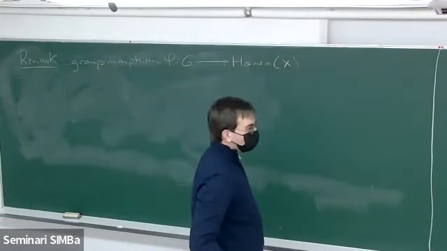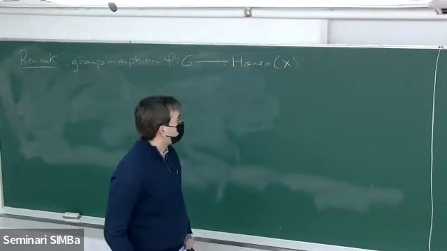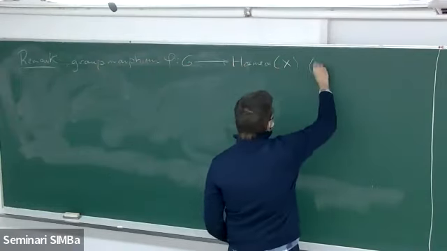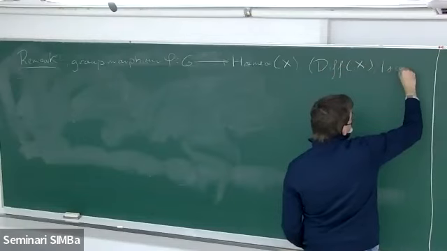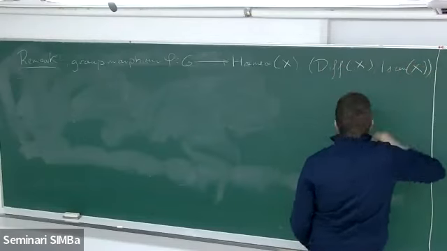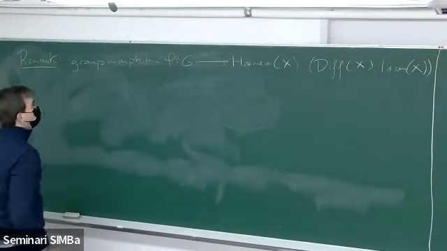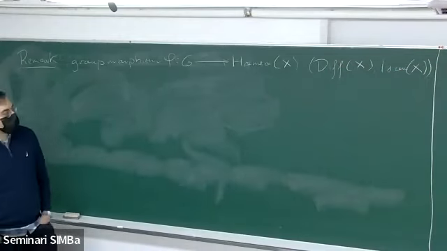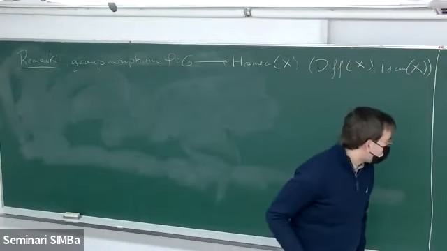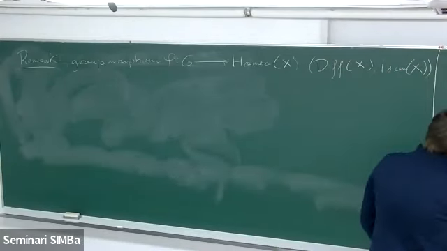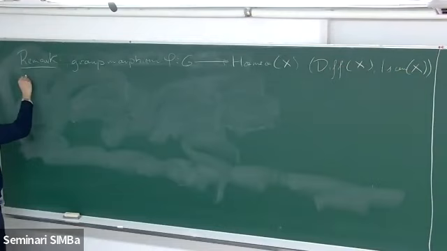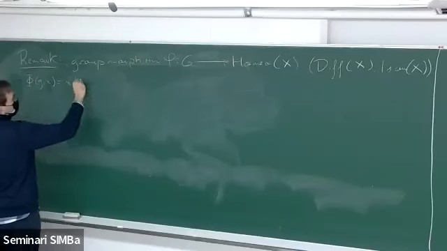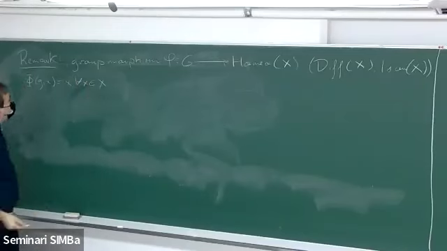And if you want to work with the smooth category or by isometry, you can replace this by, for example, the diffeomorphism group. Each theory has its flavor. So the thing is that we want to have symmetries, and there's an easy one, the trivial action, but then this is not really useful.